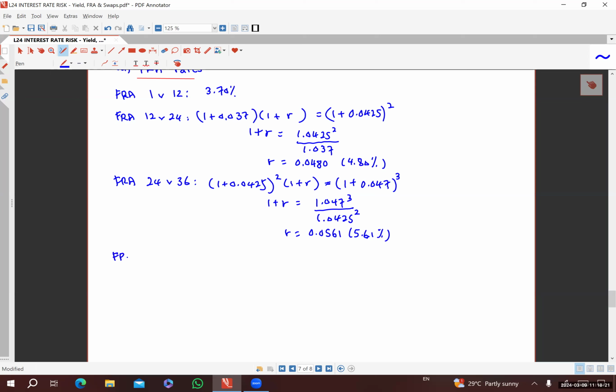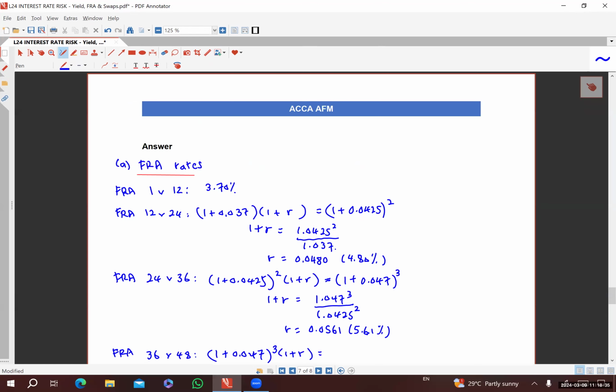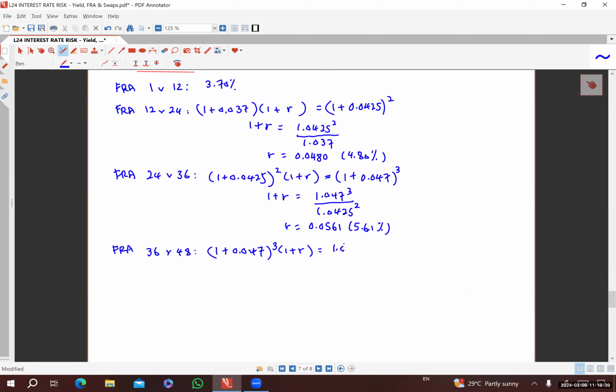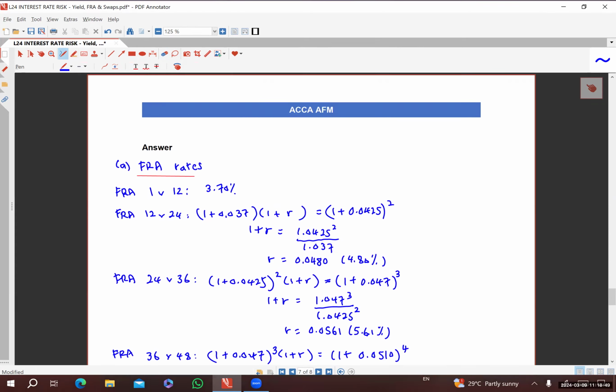Last one, year 4: the spot yield is 5.1% per annum.